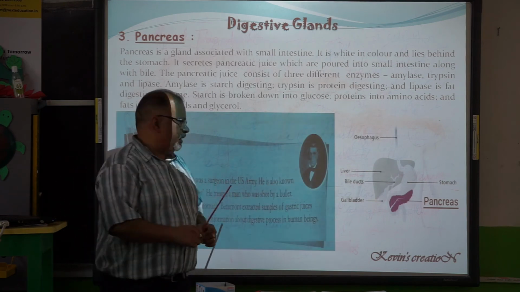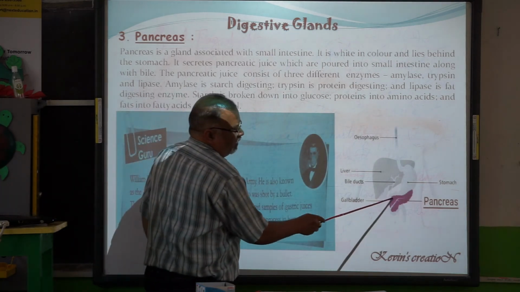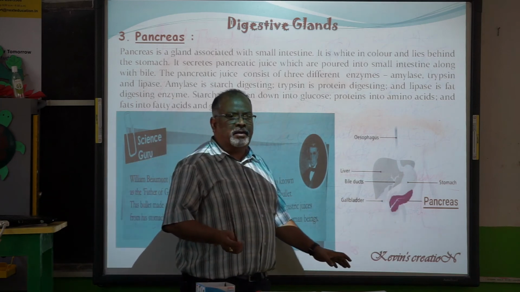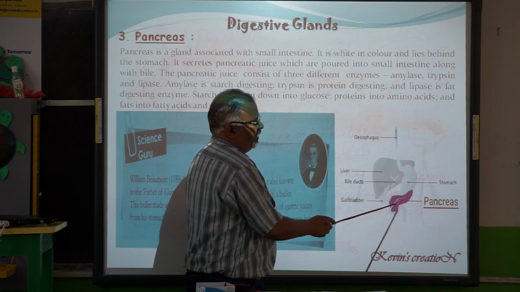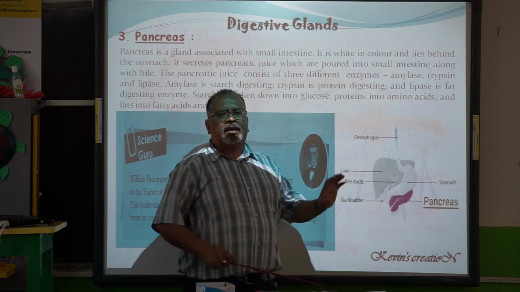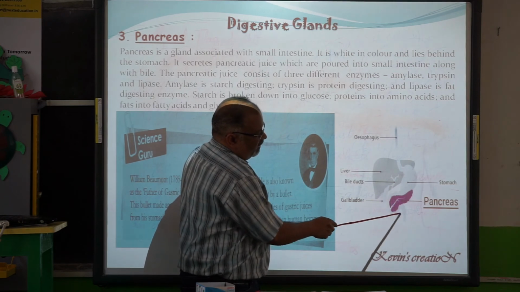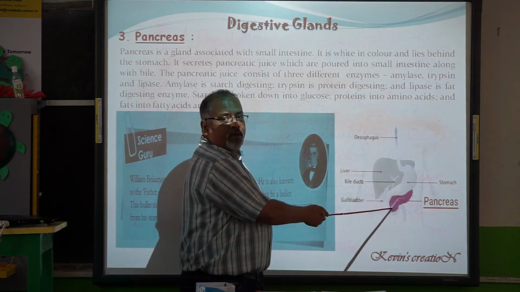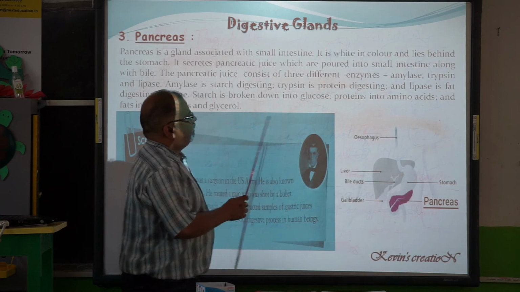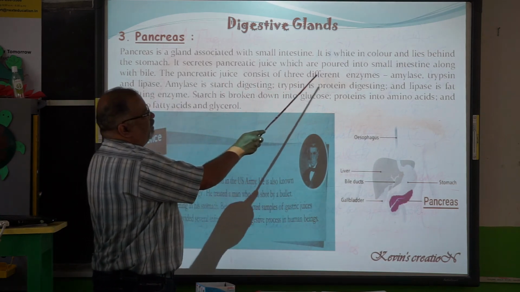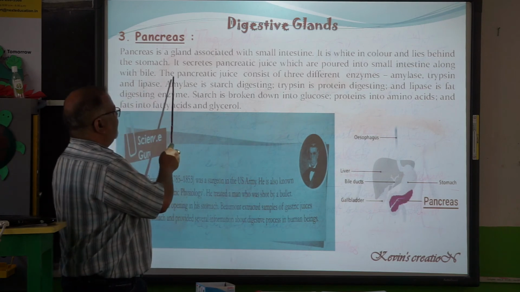So here you can see, this is the colored one. Though it is white in color, you will not be able to see. That is why I have put this diagram. So this is pancreas, a leaf-like structure. So it is near the duodenum, below the stomach. It secretes pancreatic juice which is poured into small intestine along with bile.